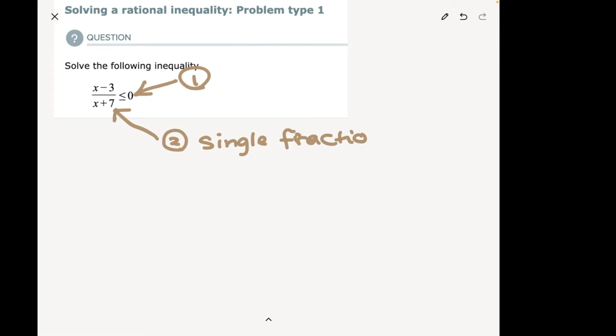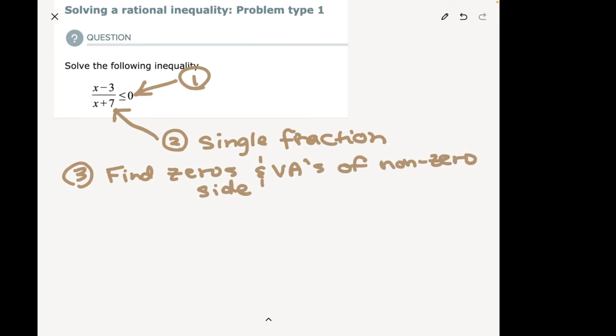The third thing I want to do, if it were just a polynomial or quadratic, I would find the zeros. But in this case, I'm going to find the zeros and the vertical asymptote of the non-zero side. Remember that real zeros of a function are also known as the x-intercepts.